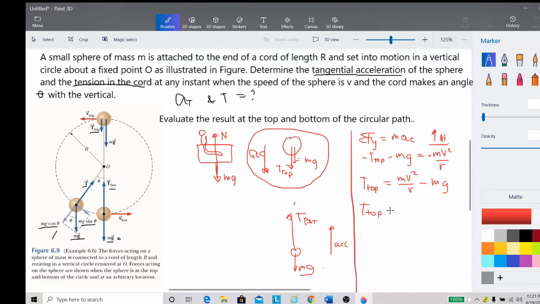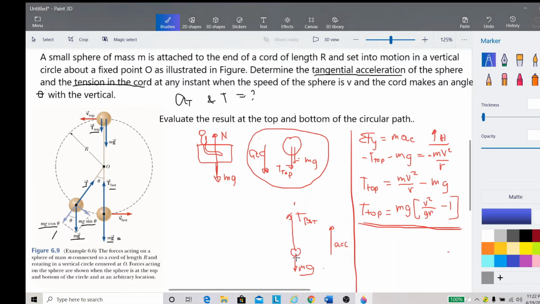So we have mg, lalabas na yung mg rito ngayon, and then that will be multiplied by v squared over rg, or gr, minus 1. So that will be our tension at the top.